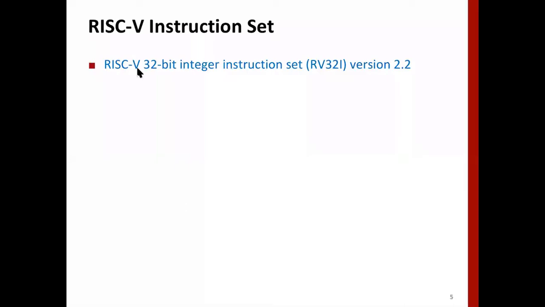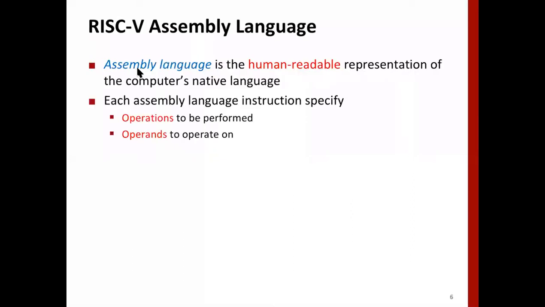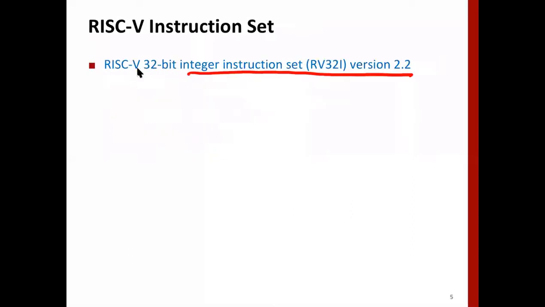It's called the RISC-V 32-bit integer instruction set. It will not have floating point instructions, but we'll also look at some instructions from other instruction sets. Multiplication, for example, is not part of this instruction set, but part of another instruction set for RISC-V. We'll look at some of those, and also at floating point operations. But for simulation, we'll be using this one.